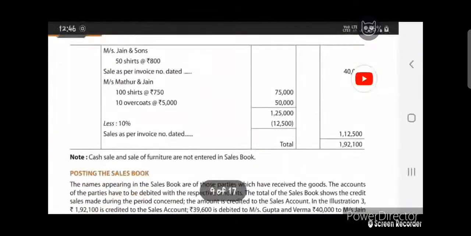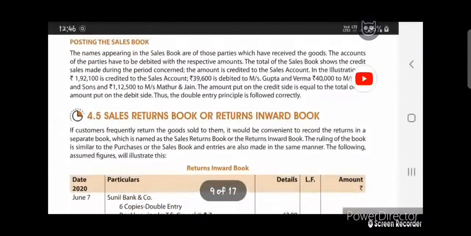Totally 1,92,000 is the amount they have to write in the sales book. This is the sales book. Next, posting the sales book. The names appearing in the sales book are those of the parties which have received the goods that we have sent. The accounts of the parties have to be debited with the respective amounts.